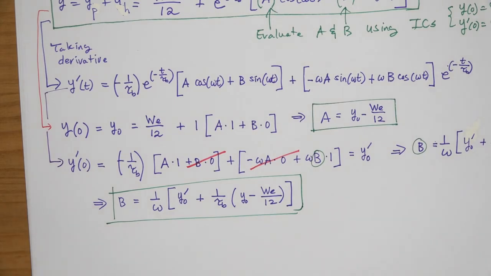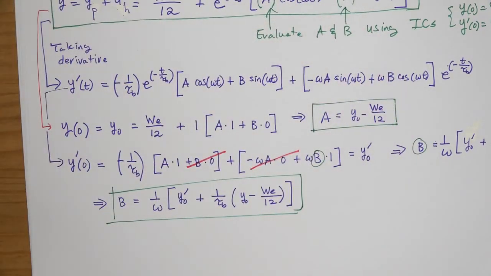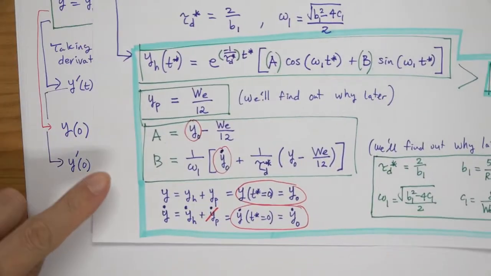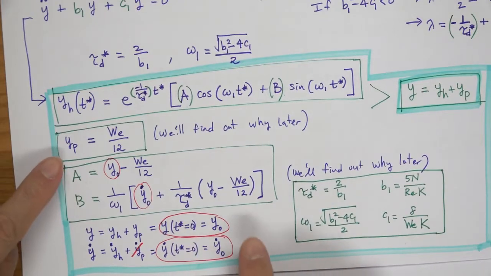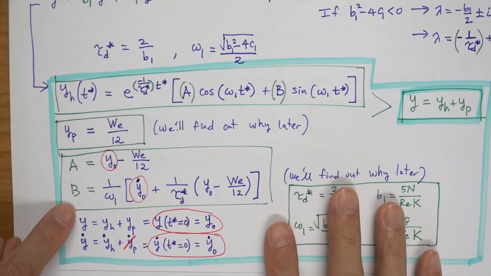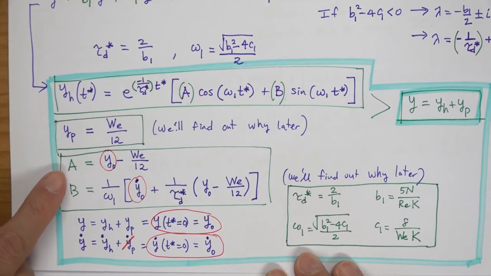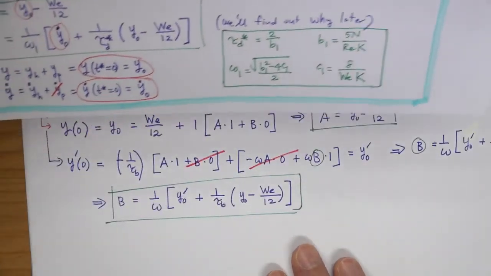So let's check what we did last time. In the previous lecture I told you that we will come back to this later, right? So this is how I find a particular solution, which you already know. This is how I find coefficients a and b.